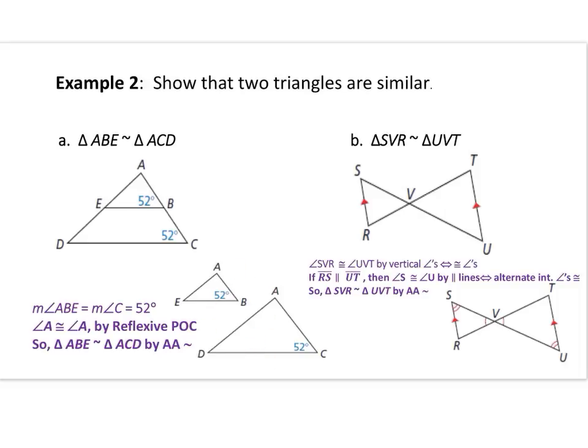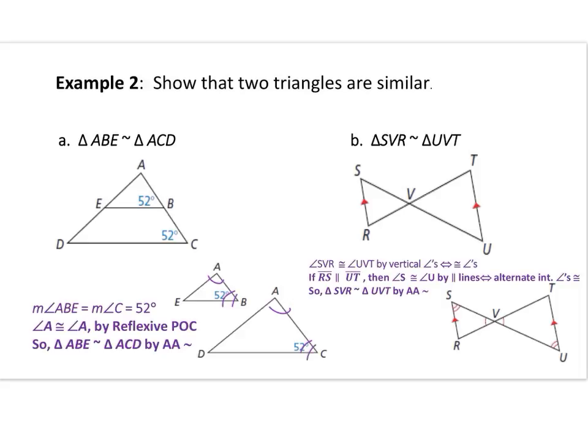We see that angle ABE is congruent to angle C, which is 52 degrees. And then they share the same angle, so by the reflexive property of congruence, angle A is congruent to angle A, which is enough. All you need is at least two angles. So we have two pairs of corresponding angles congruent, which is enough.